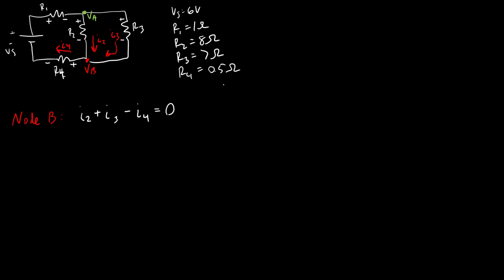And then again, for each one of those resistors, we're going to use Ohm's Law, V equals IR, to write Ohm's Law in terms of that current and the voltage at the adjacent nodes, where remember we have 0 volts here and Vs there. So let's do that again for R2. This is going to be redundant with what I did on the previous slide, but I'll do it here anyway.